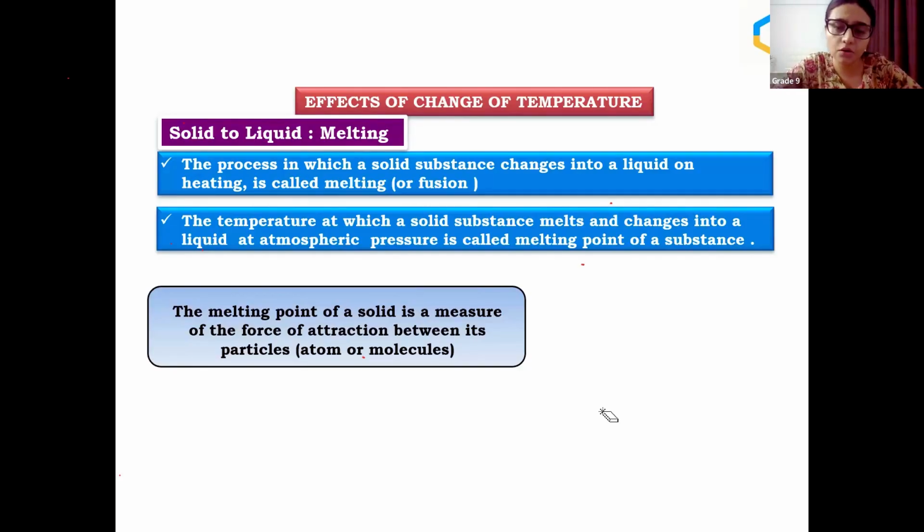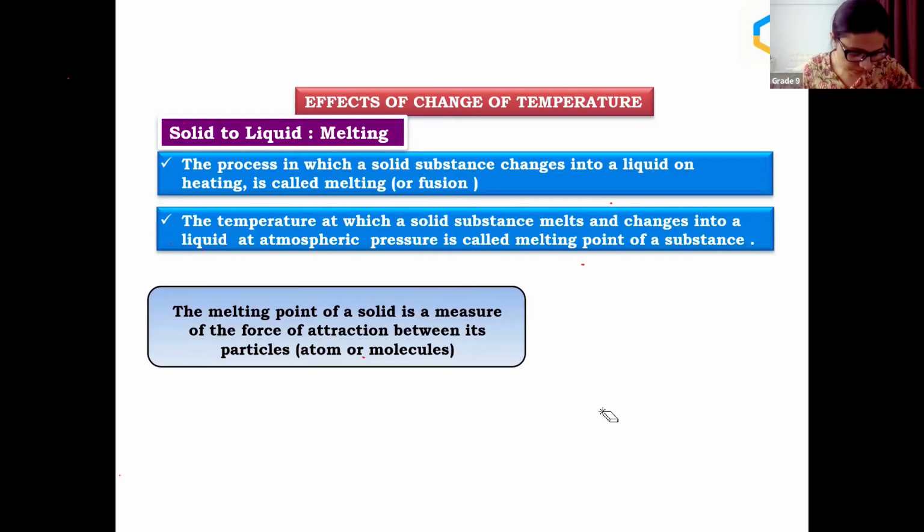Like we study about the melting point of a solid or ice. Okay, now you can say melting point of ice: 0 degrees Celsius.